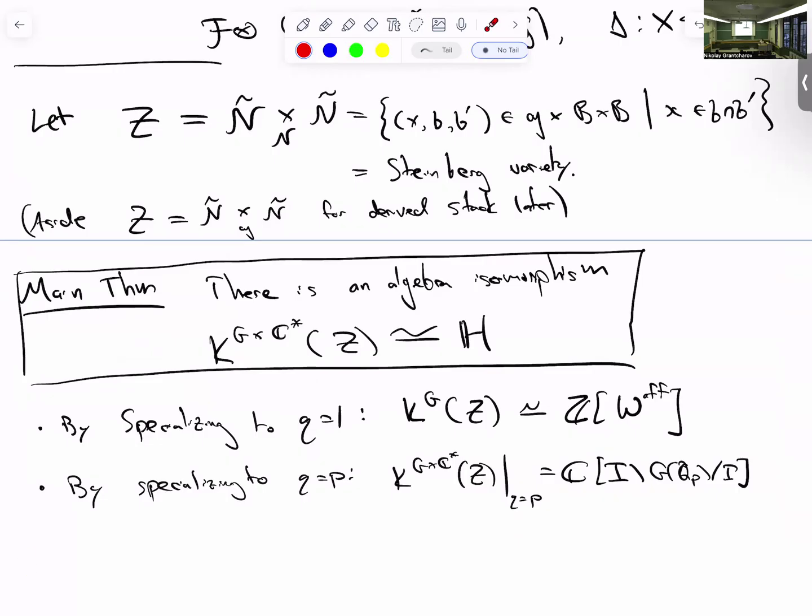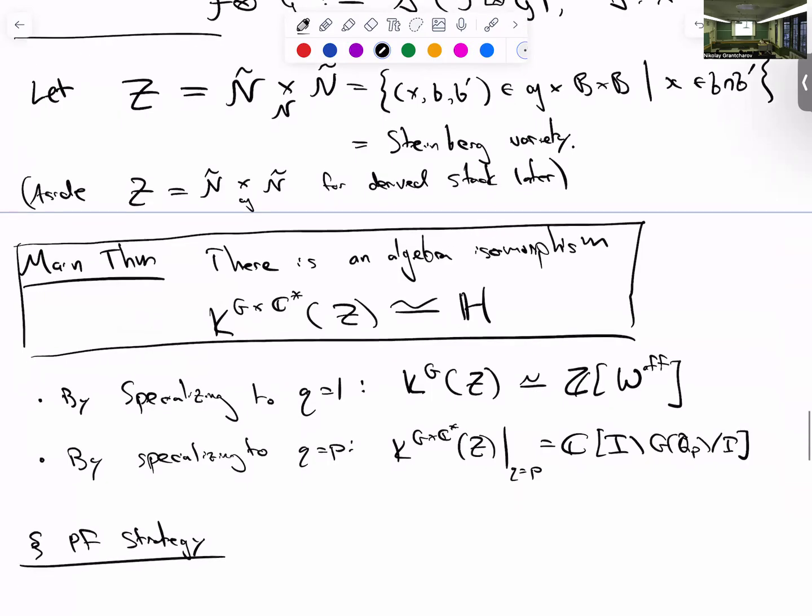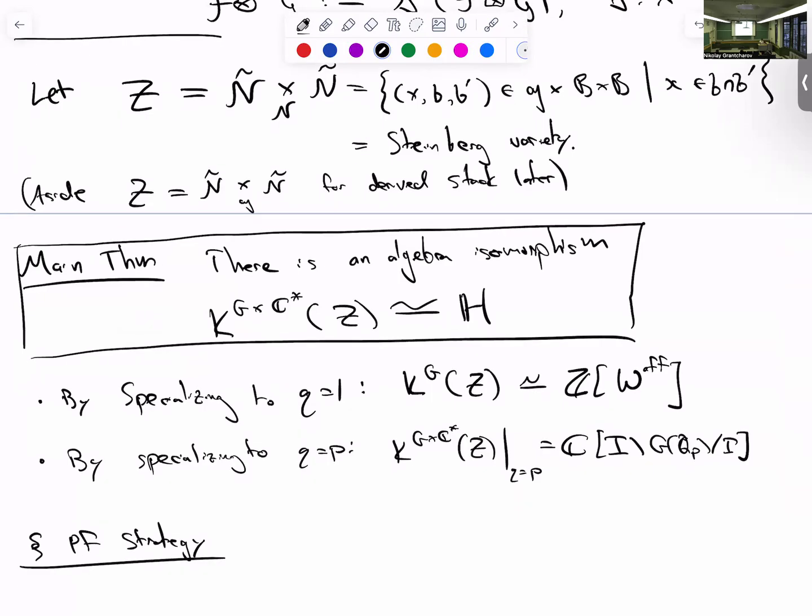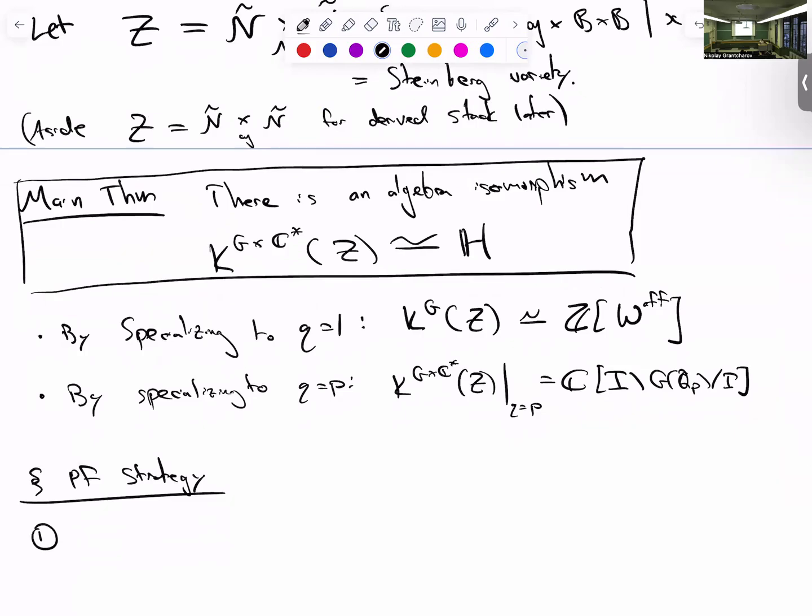So, proof strategy of the main theorem. There are two main steps. First is to construct a map of algebras, and this will be done by generators and relations. So construct a map from the Hecke algebra to K-theory.